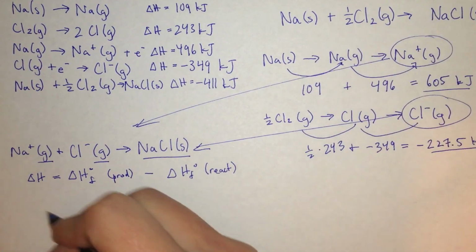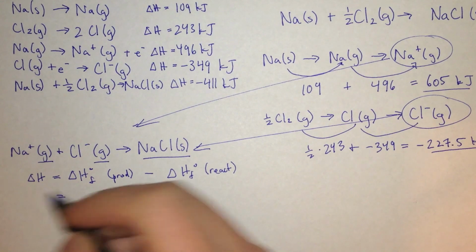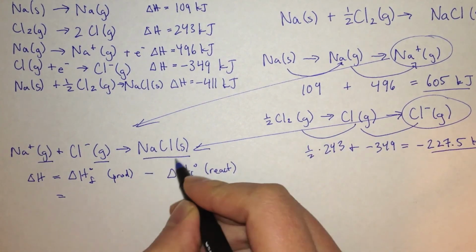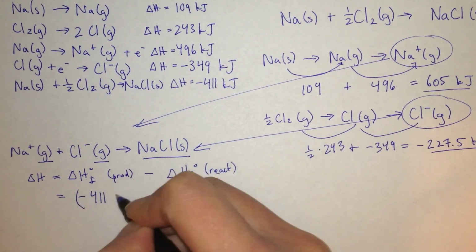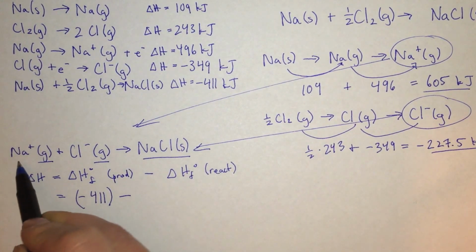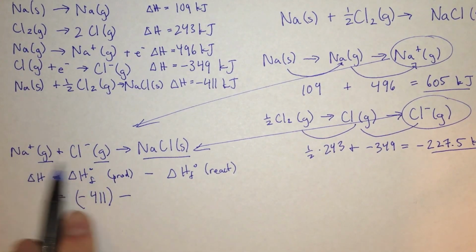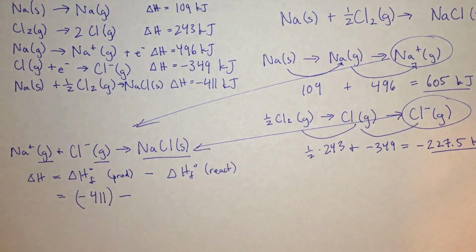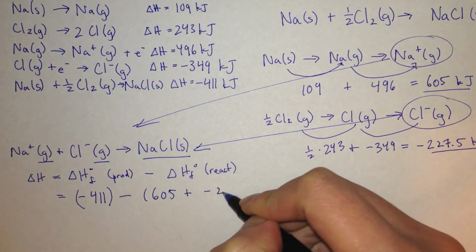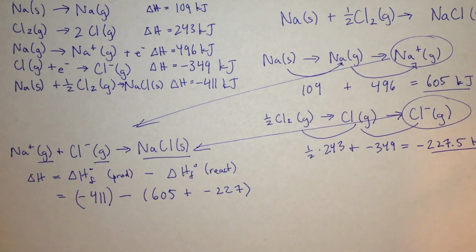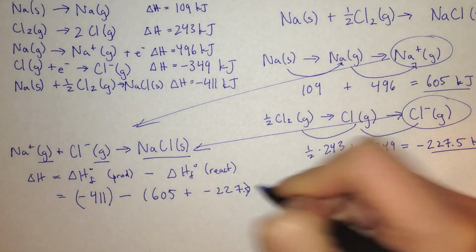So we're going to take that value for our products, negative 411, and then we're going to subtract from it the total heat of formation of our reactants, which was 605 plus negative 227.5.